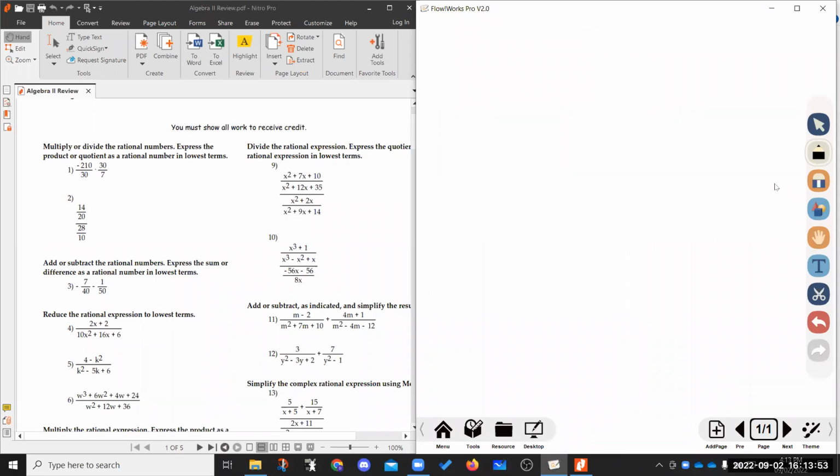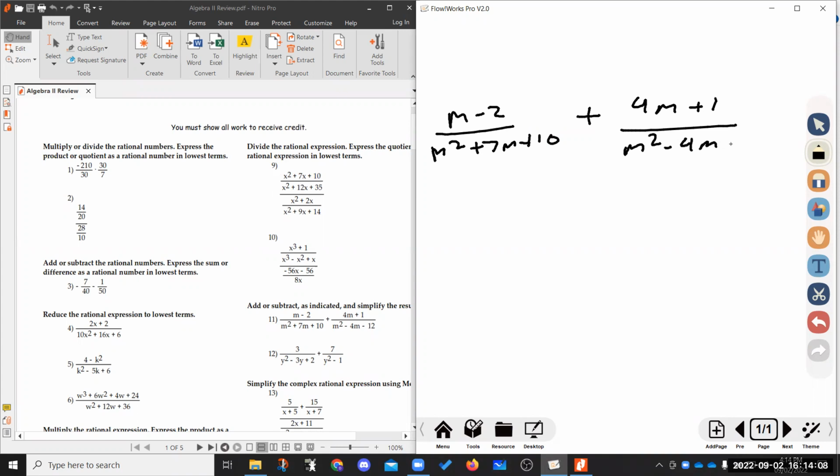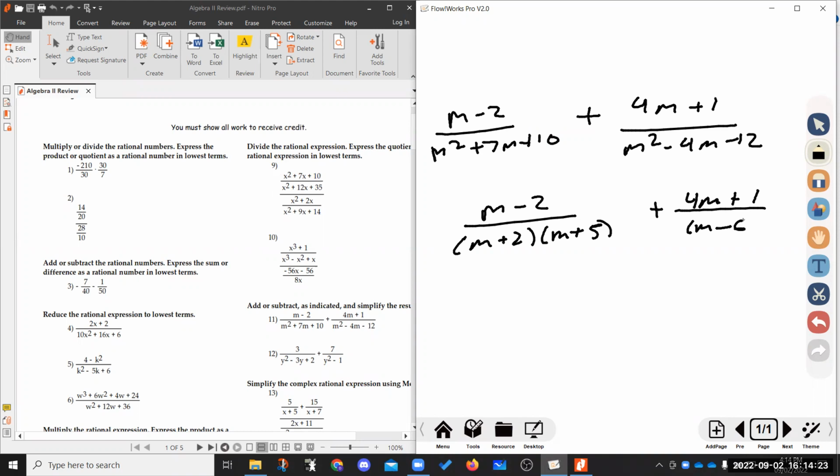Add or subtract is indicated, so I have to find a common denominator first. I see m plus 2 is already in common.